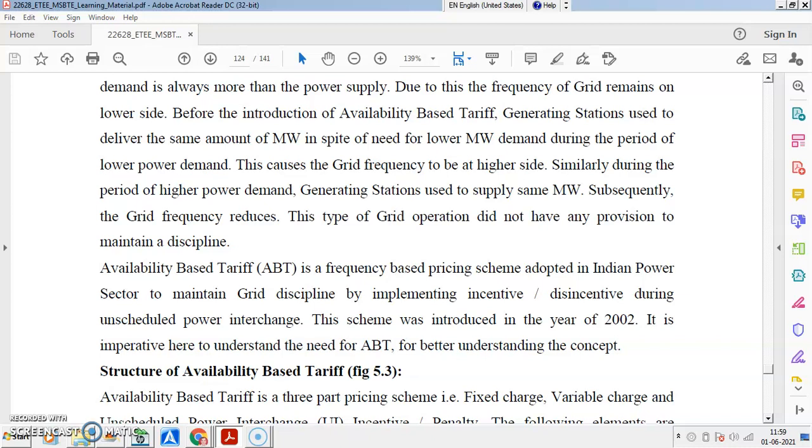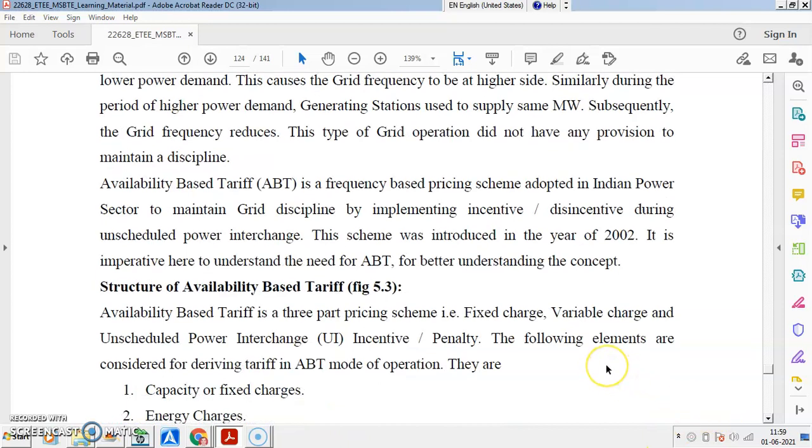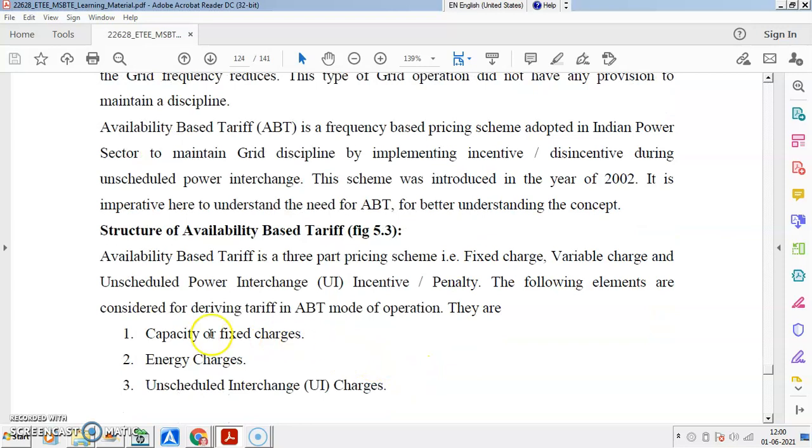So that is the important parameter as far as ABT is concerned, of power or electricity tariff. So the structure of ABT, especially the capacity or fixed charges, energy charges, scheduled interchange charges, unscheduled interchange charges, UI charges. So those are considered.